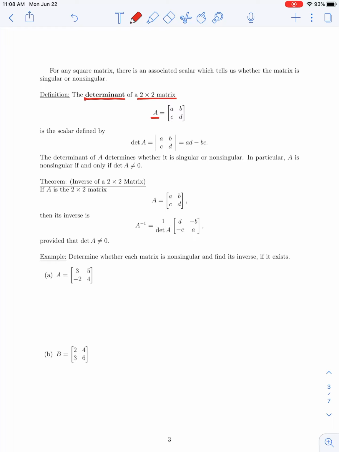Its entries are A, B, C, D. The determinant of that matrix is the scalar, or the number, 1 by 1 matrix, which is denoted as det of A, so determinant of A, or sometimes it's denoted by writing the matrix A, B, C, D with vertical bars around it instead of brackets or parentheses. So it sort of looks like we're putting an absolute value around the entire matrix. That's another notation for the determinant.